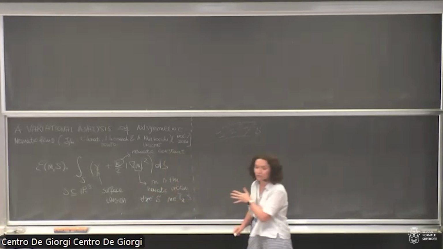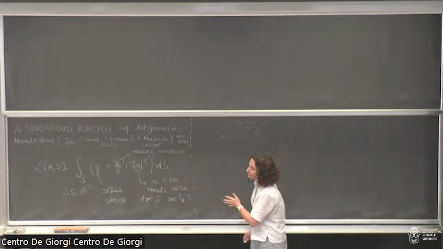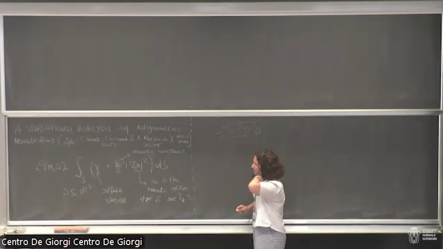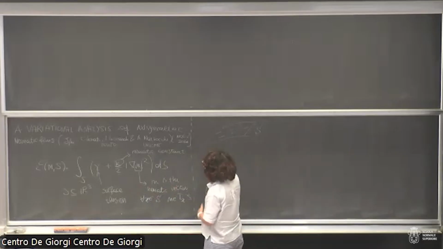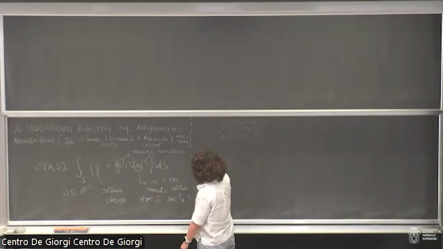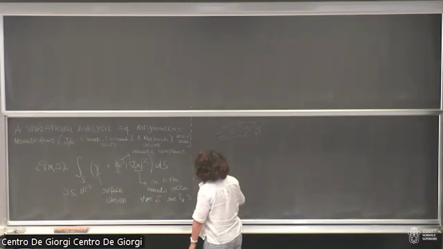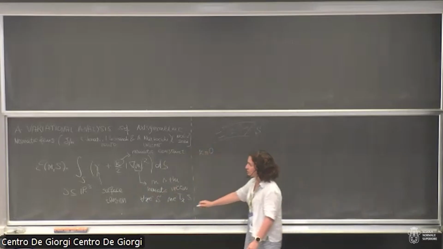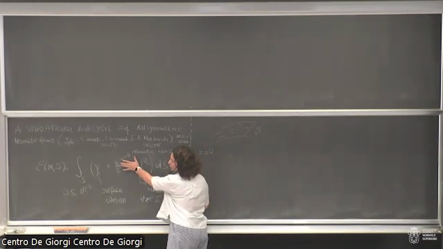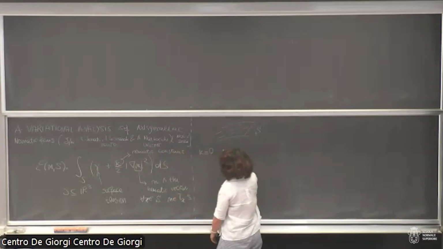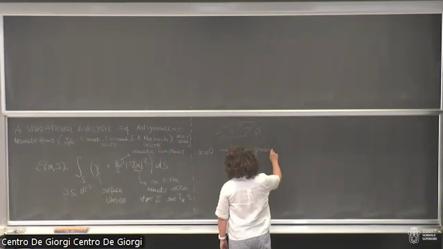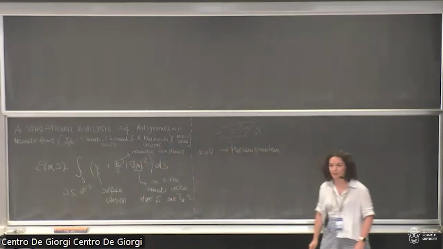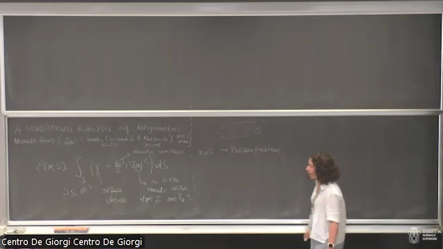What is the motivation for studying this energy functional? I think for this audience it is immediately clear, because obviously, if we consider kappa equal to 0 and we study this energy functional, this is the classical Plateau problem. So we just minimize the area.